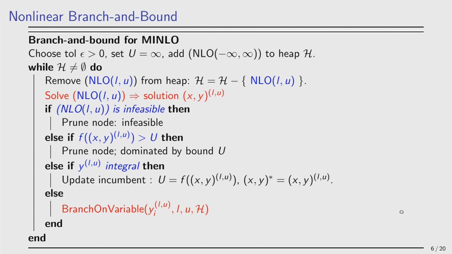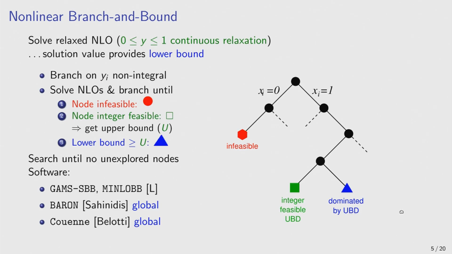And then given that solution, you have a number of options on what you need to do. If this problem is infeasible, then we can just prune the node due to infeasibility. So that was the red node on the previous slide. If the solution is dominated by the upper bound, you can prune the node. So that corresponds to the blue dot here.